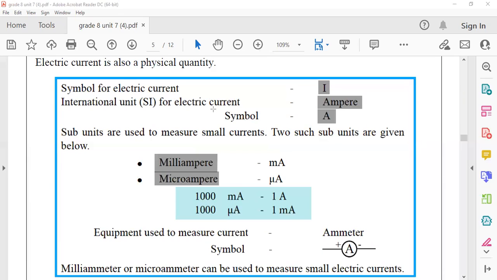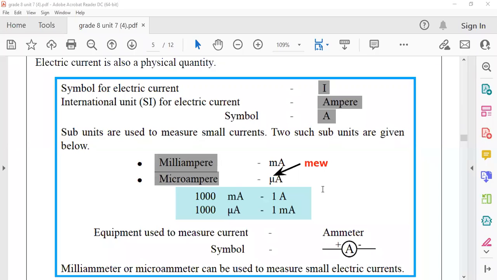Simple m, capital A. This symbol is called mu. So it is mu A. A mu mark and capital A, that is microampere.